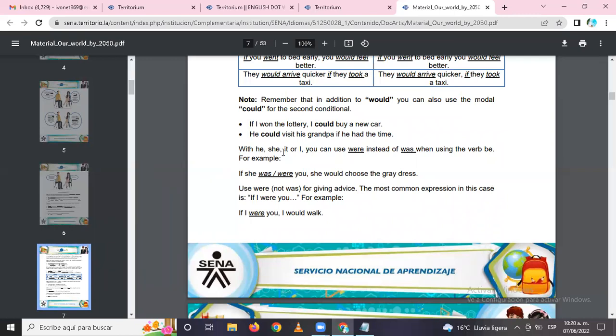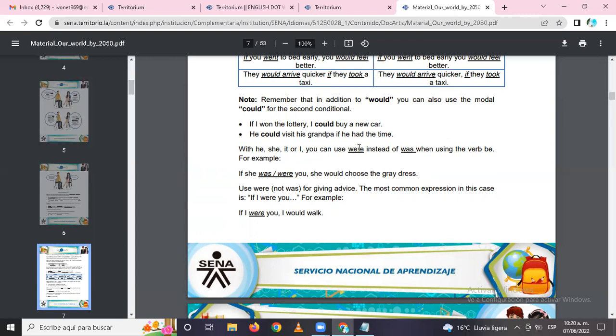With he or she or it or I, you can use were instead of was when using the verb to be. For example, if she was, ¿cierto? Cuando yo digo, tienen razón, ¿cierto? Acá dice que se puede usar como los dos.